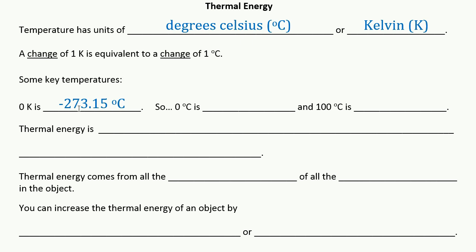So if you can imagine cooling that object down as cold as you possibly can, those molecules are moving slower and slower and less and less. Eventually, those molecules would come to a stop. And at that point, you could not possibly cool it anymore. You can't move less than not moving at all. That temperature is negative 273.15 degrees Celsius, and that is the temperature we've referred to as 0 Kelvin.